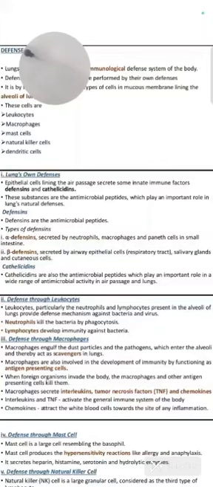Cathelicidins are also antimicrobial peptides, which play an important role in a wide range of antimicrobial activity in the air passage and lungs.